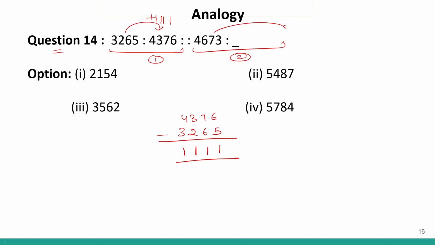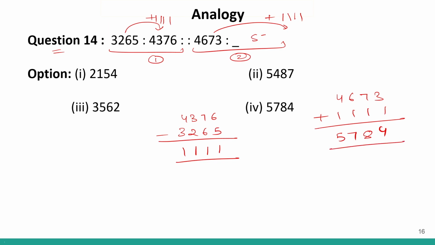So here also I will add 1111. If I add 1111 to 4673, I will get 5784, which is given in option number 4. So this will be the correct answer, option number 4.